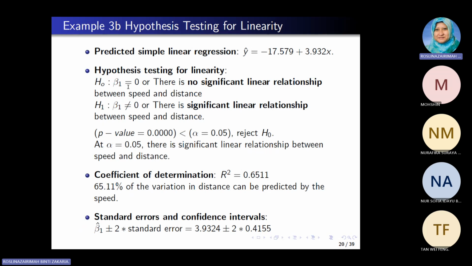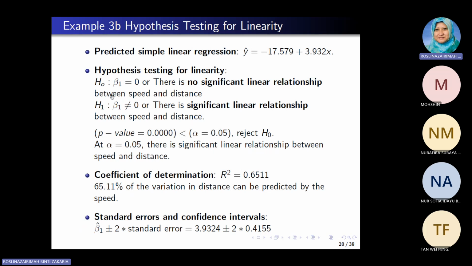You are testing beta 1 equal to 0, meaning there is no significant linear relationship between speed and distance. The alternative is beta 1 not equal to 0, meaning there is a significant linear relationship between speed and distance. Since the p-value is 1 point something times 10 to the power of negative 12, it is less than alpha, 0.05, rule of thumb.